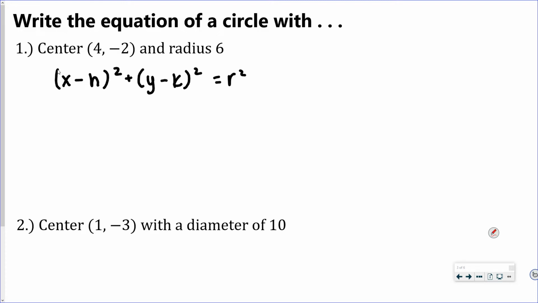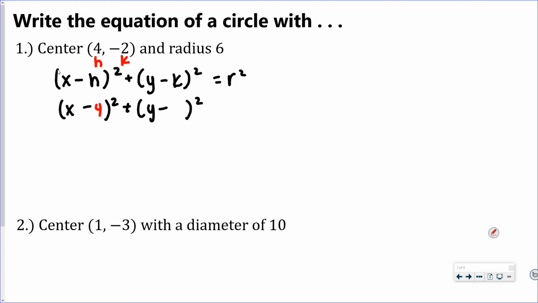So my center, the x coordinate is h, the y coordinate is k. I'm just going to plug those numbers in for h and k. So I have x minus h, h is 4.